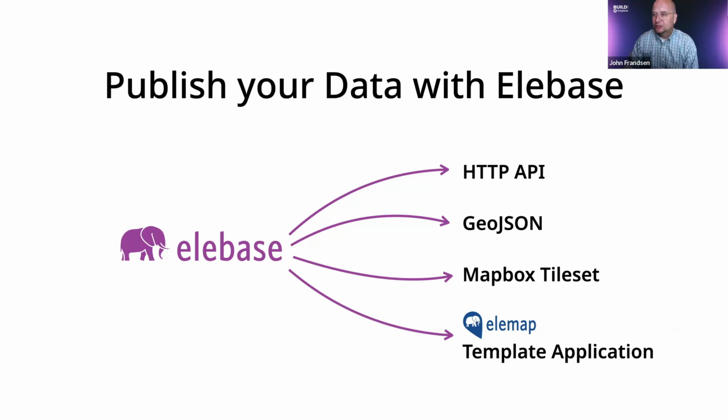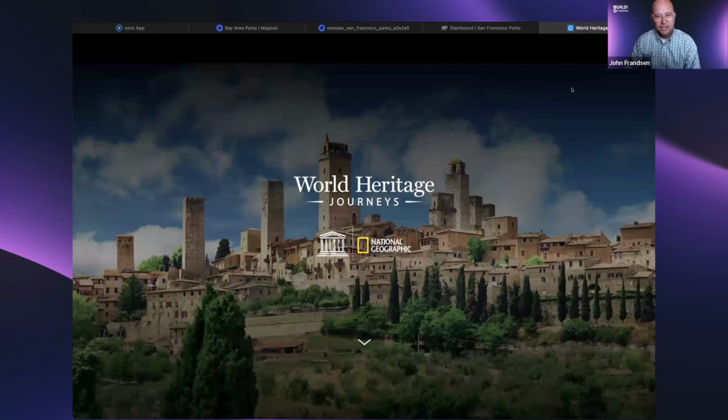So let's start talking first about the API. This is an interesting project that we're really proud of. It won a Webby Award for one of the best travel websites in the world. It was a project done by UNESCO and National Geographic.